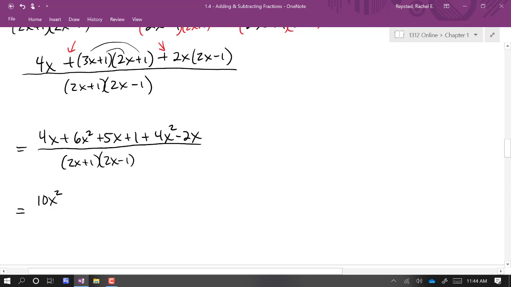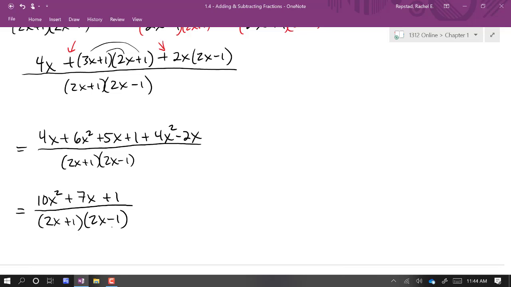Let's see, 4x and 5x is 9x minus 2x is 7x. And then plus 1. And we have 2x plus 1, 2x minus 1.